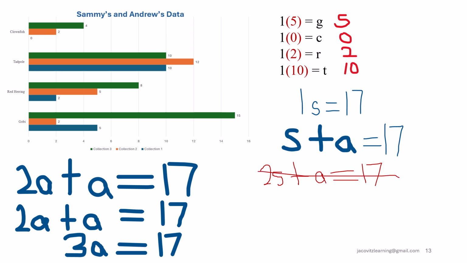But I have taken this out and I've changed it, because if Sammy is 2 times Andrew, I want to find Andrew's spot first. So I'm going to change them to A's. And now we can review the question that goes along with this.